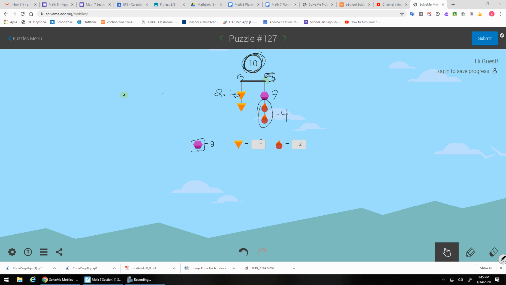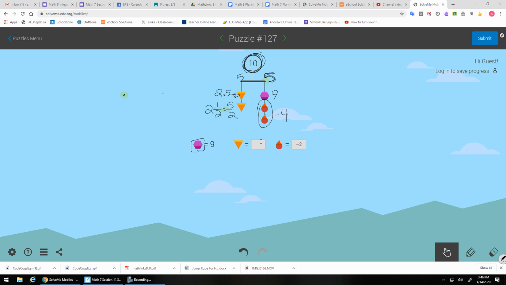It actually doesn't let you write it in as a decimal, I don't think, so you have to write it in as a fraction. 2.5 is the same as 5 over 2. So I think that you have to write it in as that.